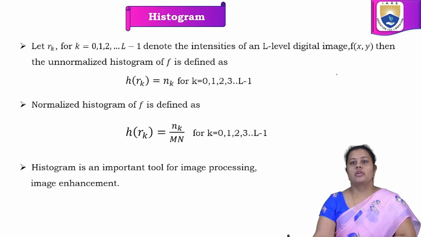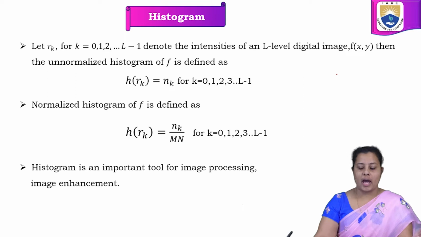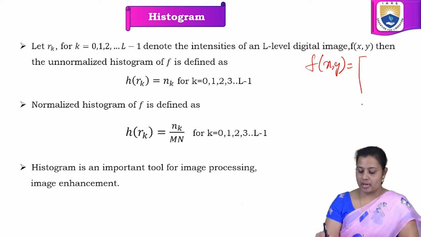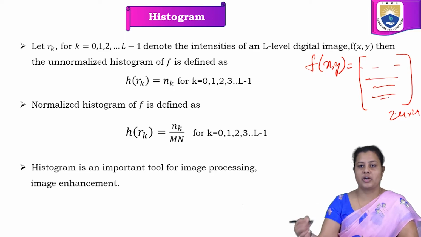So in today's class, we'll be talking about histograms and histogram equalization. So what actually is a histogram? When we have an image, say f of x comma y, I have a matrix, suppose 24 cross 24, with all my intensity values.